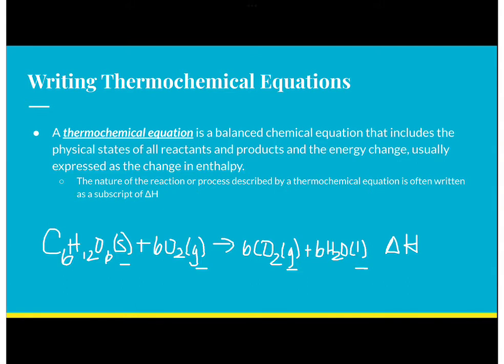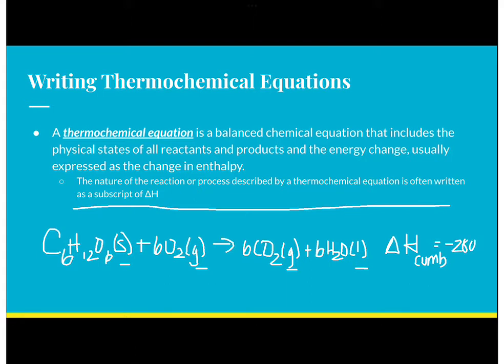But since this information has been given to us, it says the nature of the reaction or process. And we have decided that this is a combustion reaction. So the delta H here is actually going to include that. So it's delta H of combustion. And it is negative because this is an exothermic reaction.